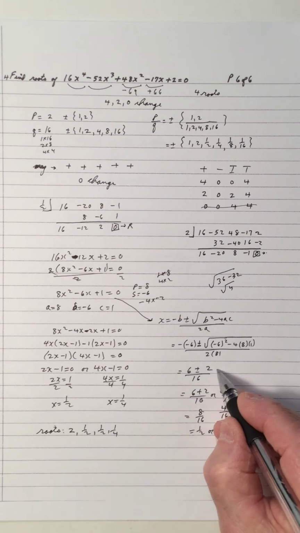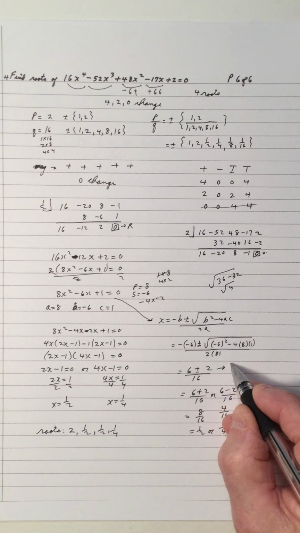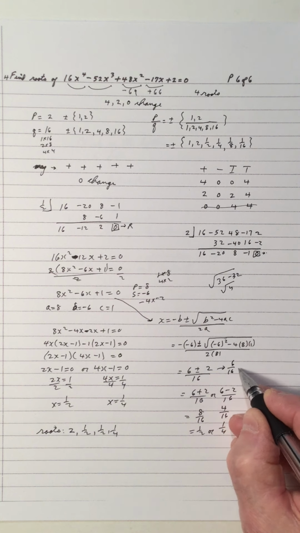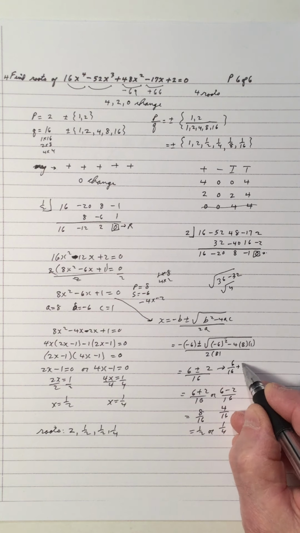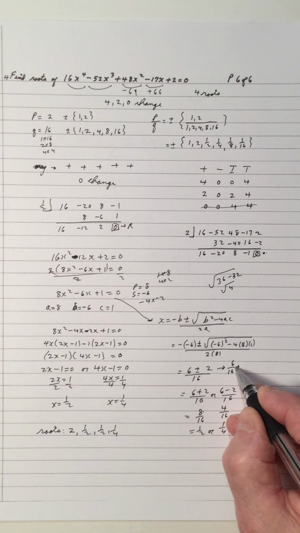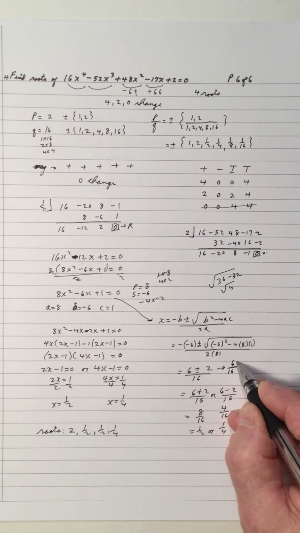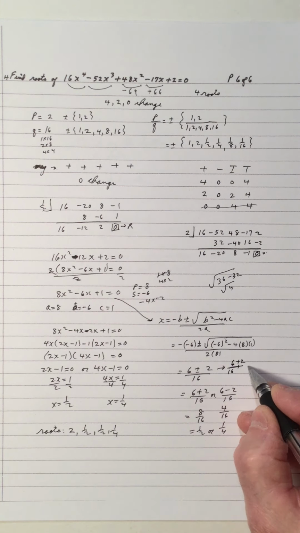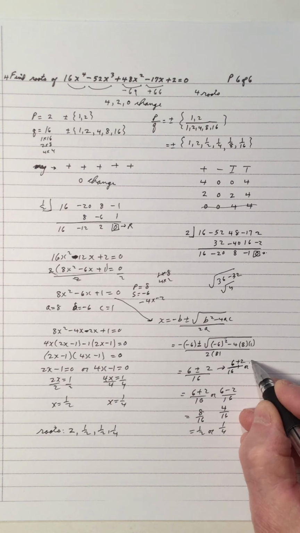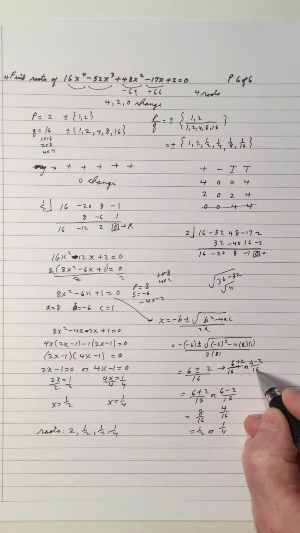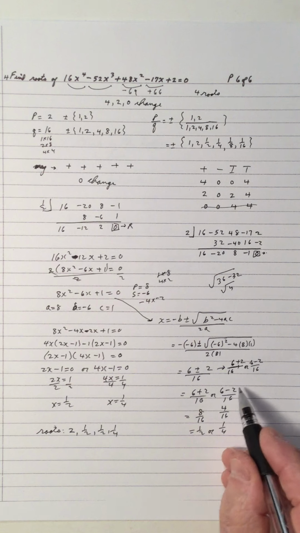And right here, if you wanted to, you could say 6 plus 2 over 16, or 6 minus 2 over 16. That's what I did here.